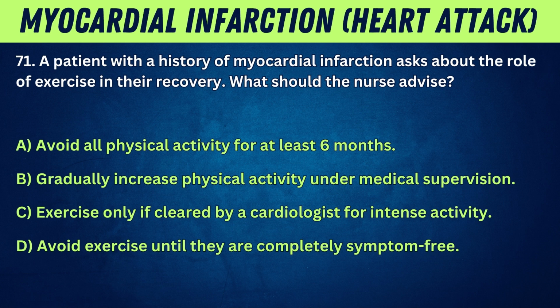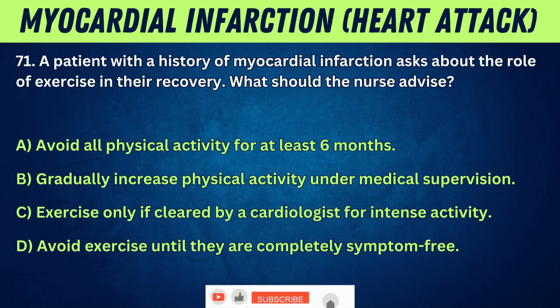71. A patient with a history of myocardial infarction asks about the role of exercise in their recovery. What should the nurse advise? A. Avoid all physical activity for at least 6 months. B. Gradually increase physical activity under medical supervision. C. Exercise only if cleared by a cardiologist for intense activity.